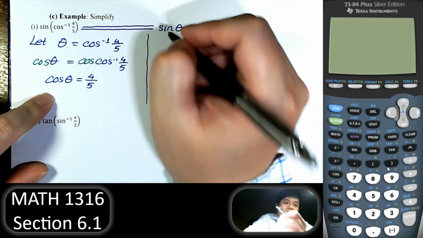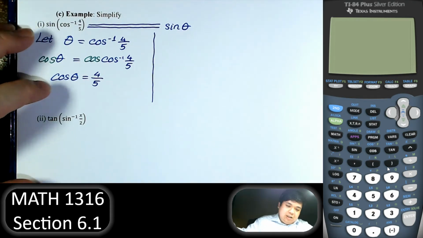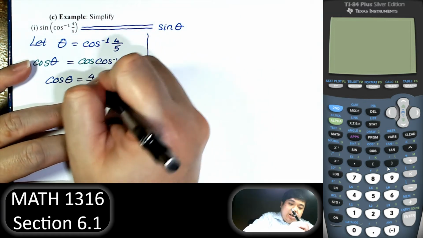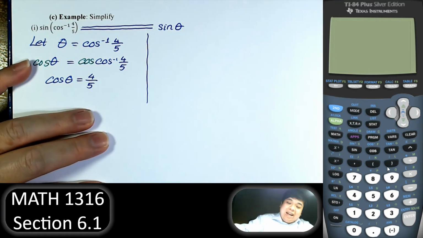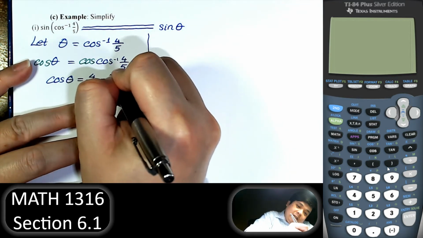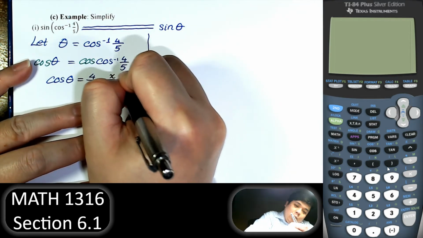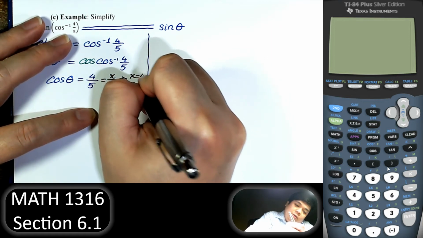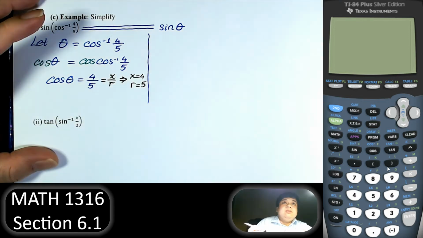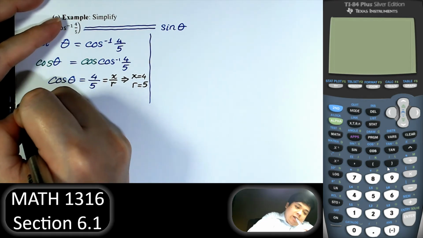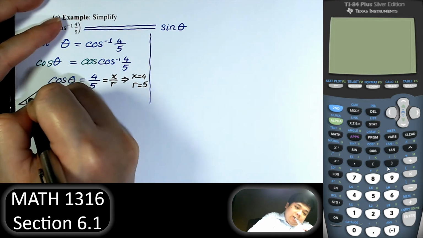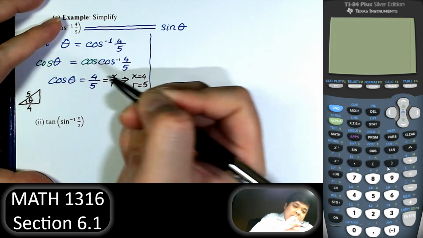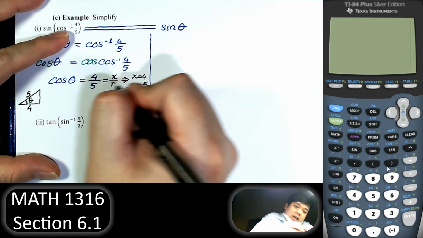We know cosine, so we can find sine. The ratio for cosine is x over r, so we can let x equal 4 and r equal 5. We can draw a triangle here: x is equal to 4, r is equal to 5, and we can solve for y.